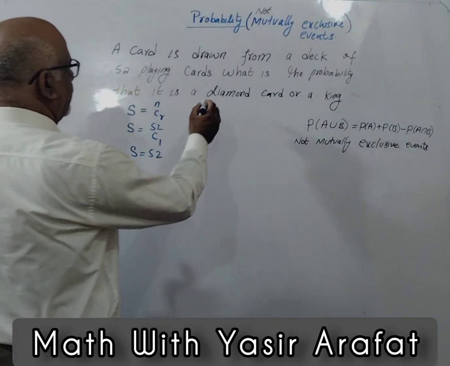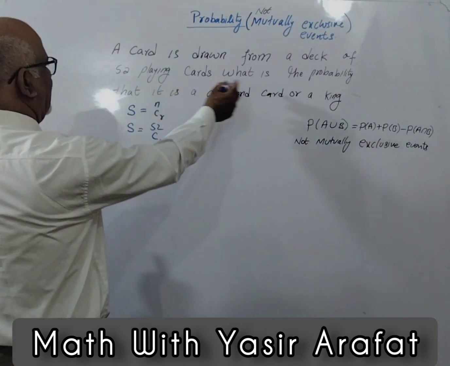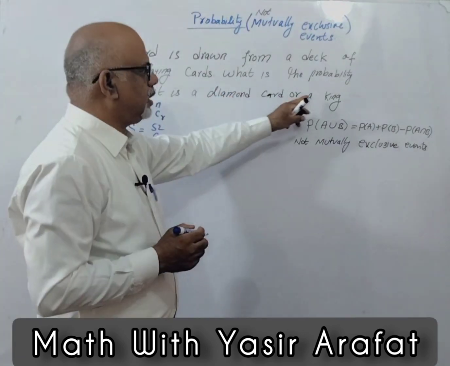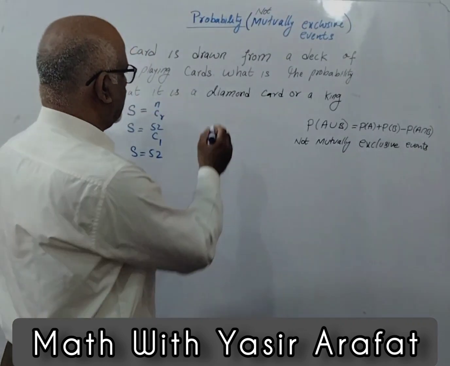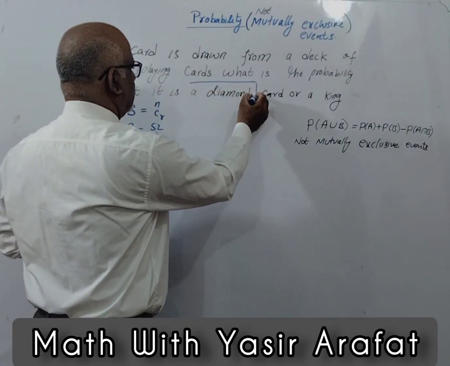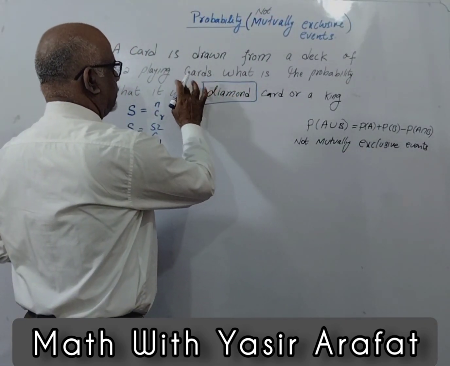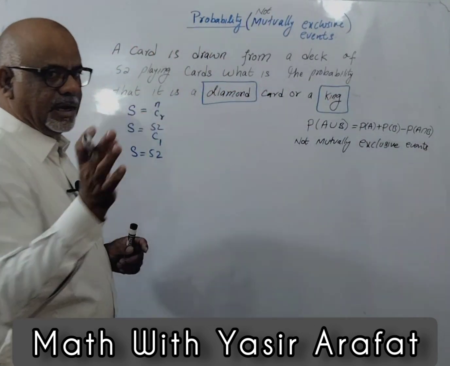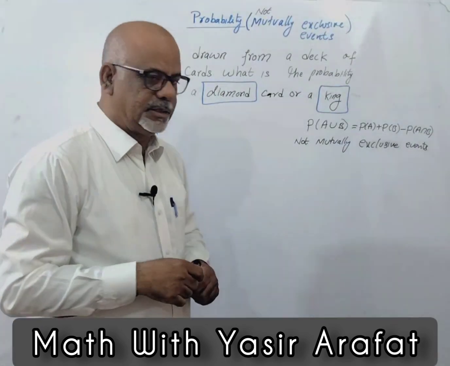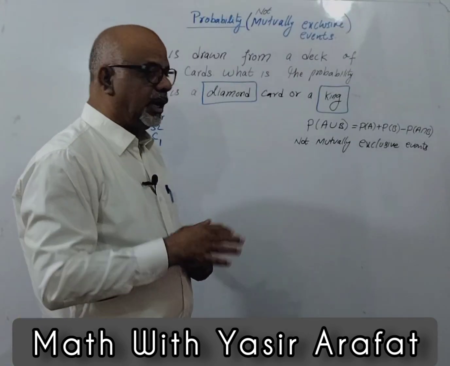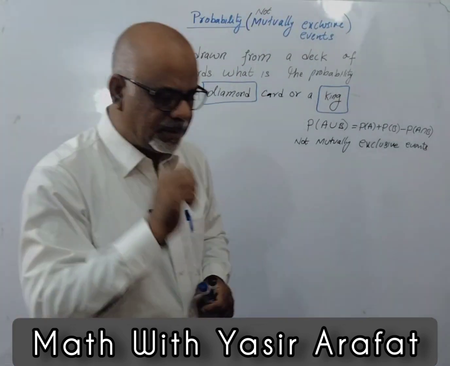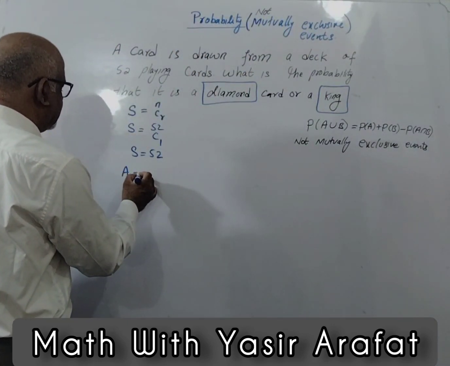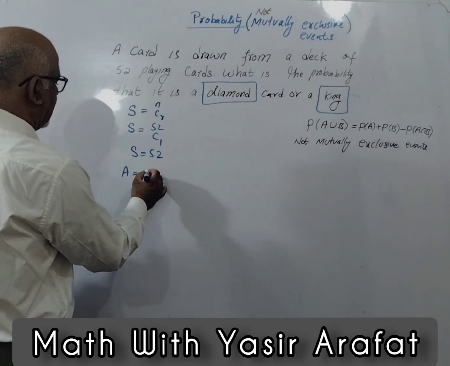Now here, what is the probability that it is a diamond card or a king? A diamond card or a king? There are 52 cards there, in which 13 cards are diamond cards. So here set A is a diamond card.